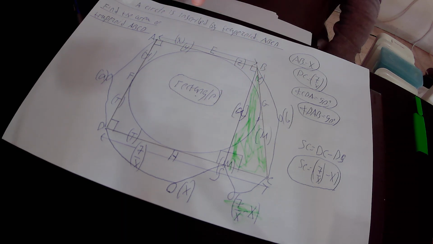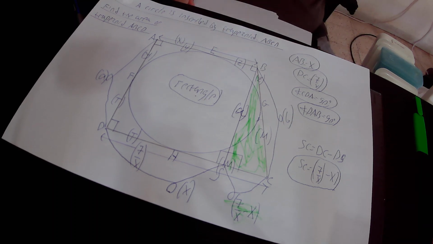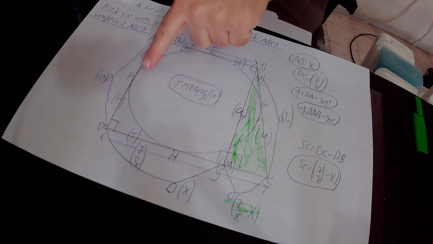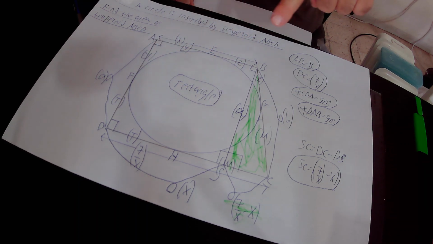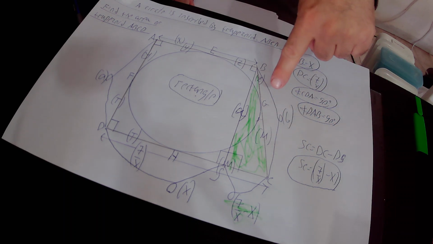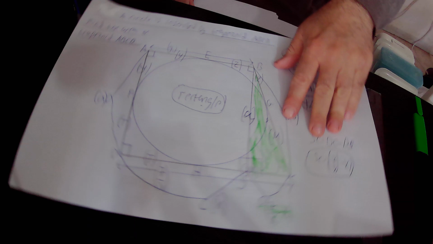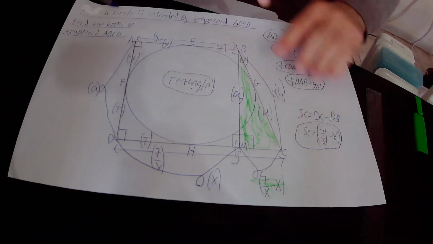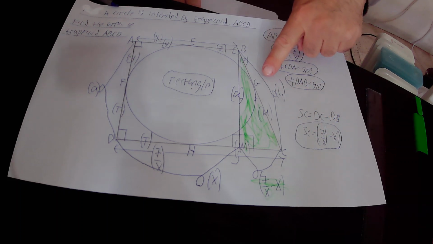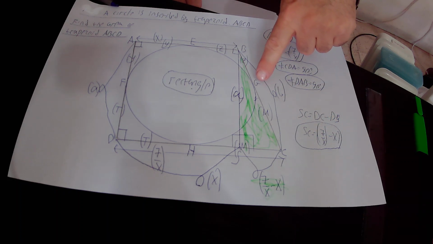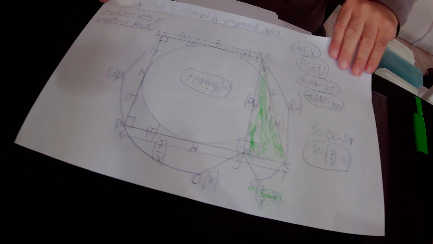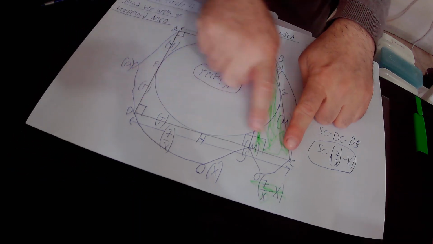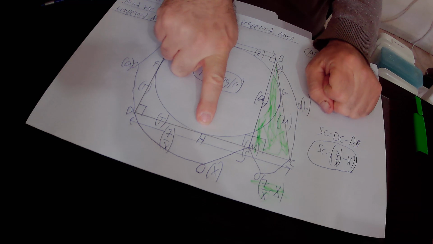We define the point of tangency of side AB with this circle as E. We define the point of tangency of side AD with this circle as F. We define the point of tangency of side DC with this circle as G. The point of tangency of side BC with this circle is H.